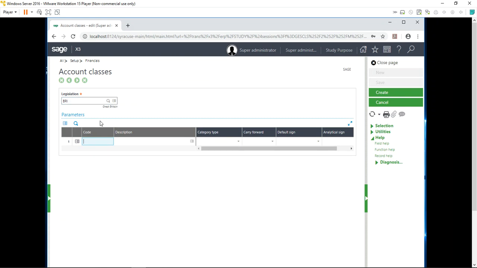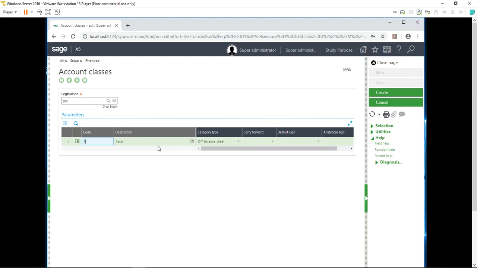Then the code one, I am saying, is asset, and in the category type column you can choose three different values. Normal is nothing but a general tracking of that account. But if you set the off balance sheet category type, then under this asset category, those accounts are considered off balance sheet accounts.